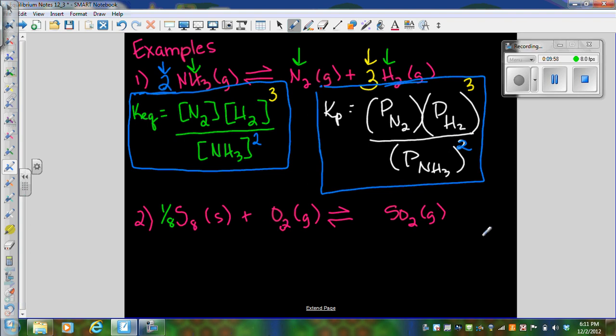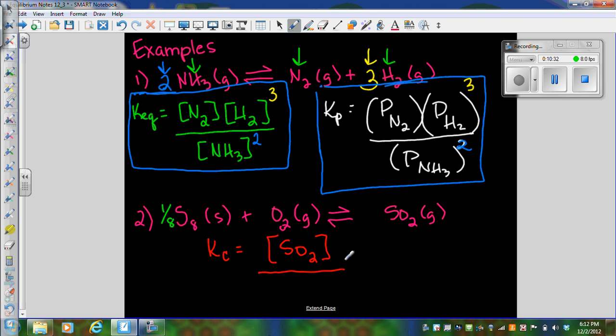But this time I'm using pressures. So let me do this one, because this one's a little trickier. I'm going to do the equilibrium constant for concentrations. So I want to do products, and I include gases or anything that's in aqueous solution. So yes, I'm going to include sulfur dioxide, in brackets, not raising it to a power because it has a coefficient of 1.